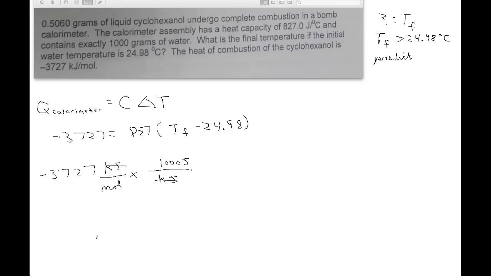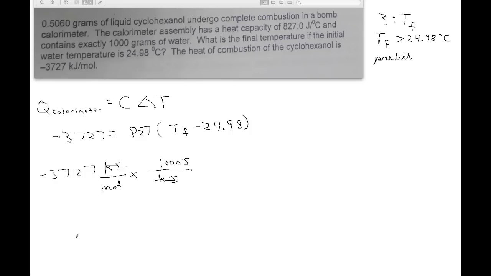So then we have to get rid of the moles, so we can convert the grams of cyclohexanol to moles and then multiply it by that to get the amount of heat released per that amount of moles.